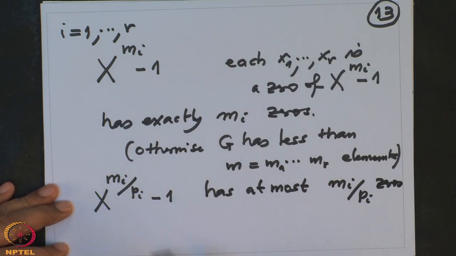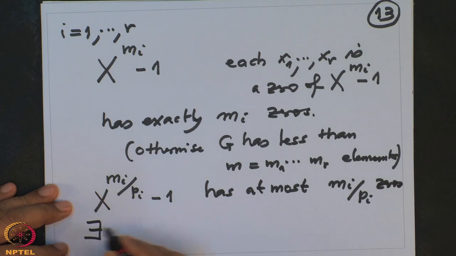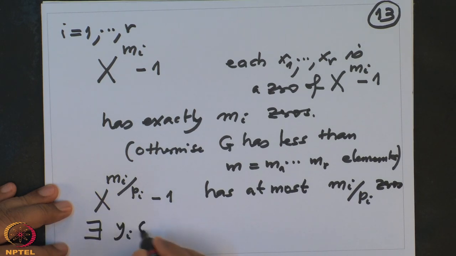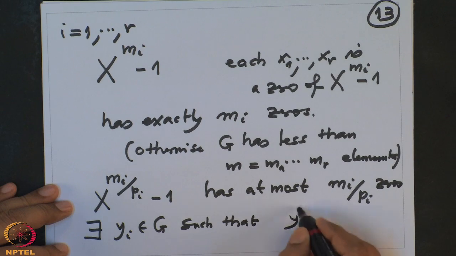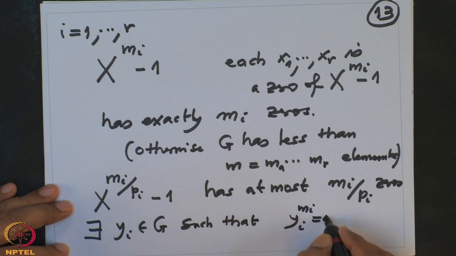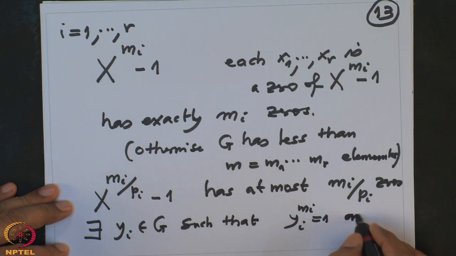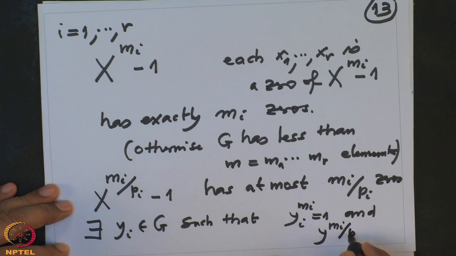So there exists an element yi in G such that yi power mi is 1 and yi power mi by pi is not 1.